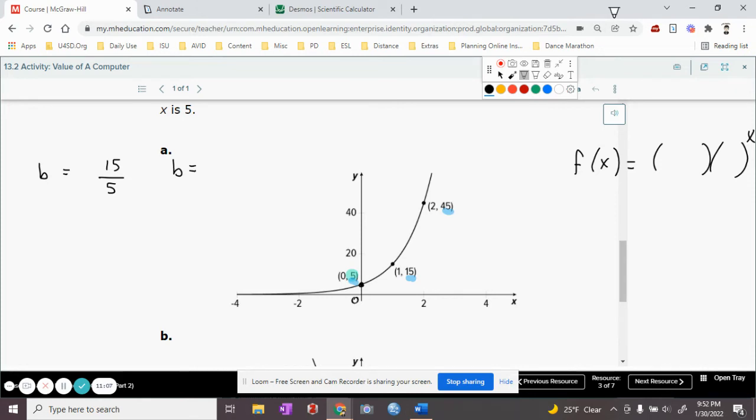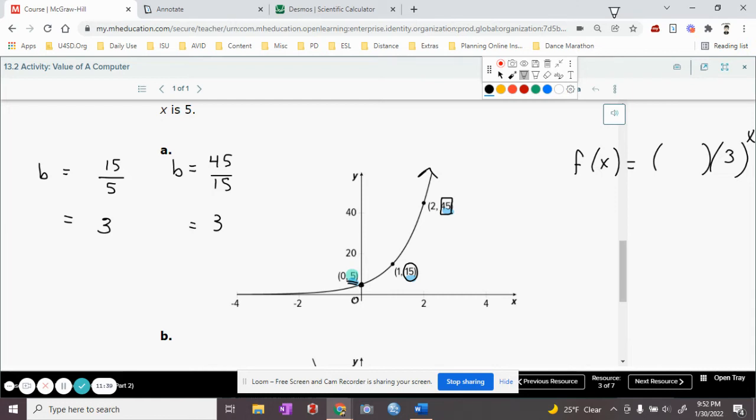And we have 2 different opportunities here to check that. So let's see if we get the same thing or close to the same thing each time. So my term, 15, divided by the previous term, 5, equals 3. If I use the 45 divided by 15, we also get 3.